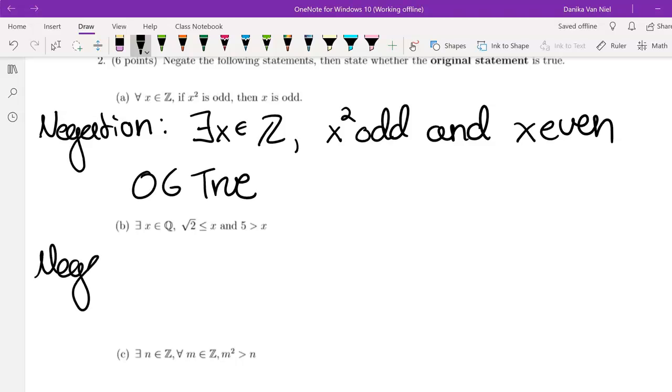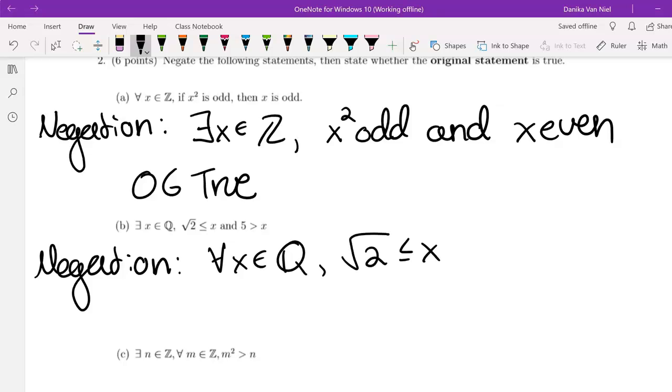Okay, so now for this one, negation. So we switch from exists to for all X in the rationals, square root of 2 is less than or equal to X, and 5 is bigger than X. Oh wait, I forgot to negate it, sorry. So negating this, we need that, and for this one we need that.